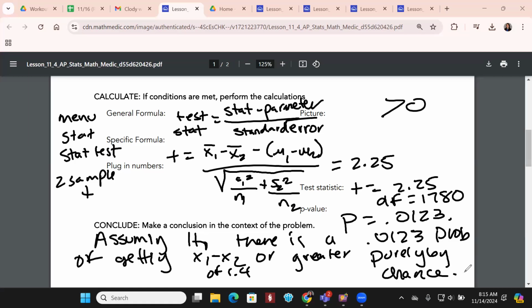And then we've got to say, because 0.0123 is less than 0.05, we reject the null, and we do have convincing evidence that multivitamins improve memory, which is a true statement anyways, right?